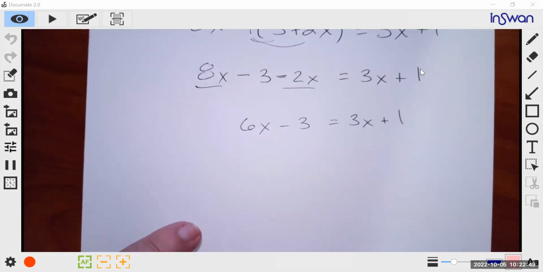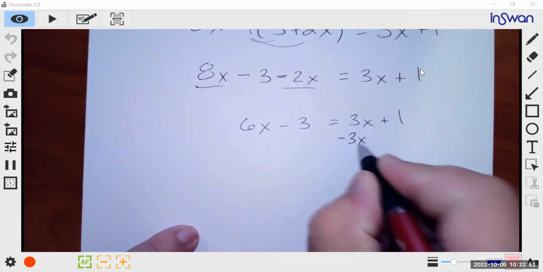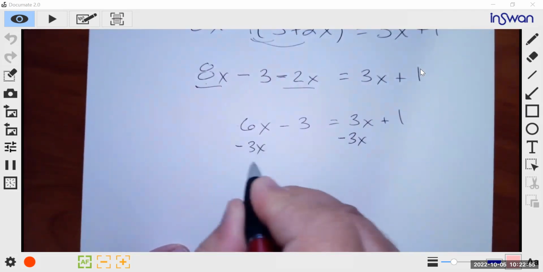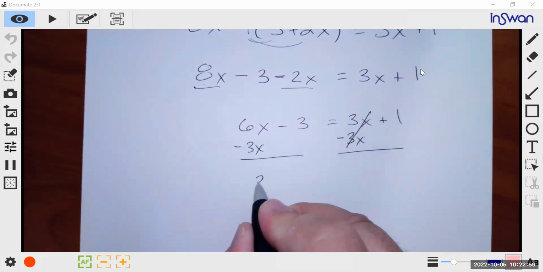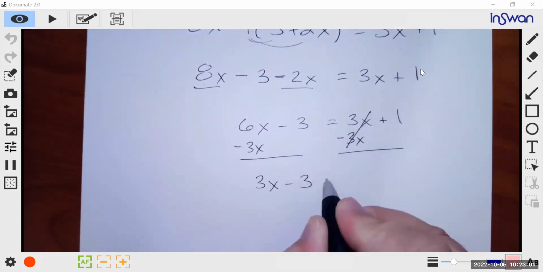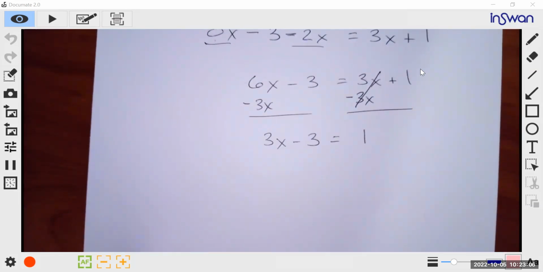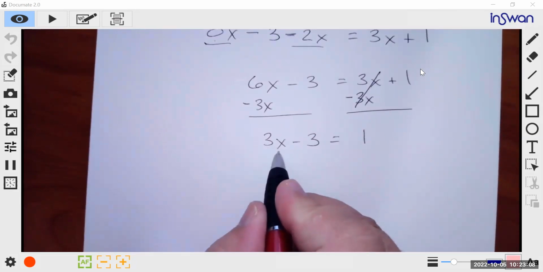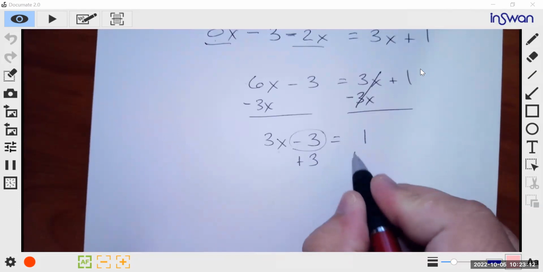Move the x's first, the smaller x to the larger, so 3x. Six minus 3 is 3x minus 3 equals 1. Here's the x's. We have to get rid of the non-x's, so we have to add 3 to both sides.